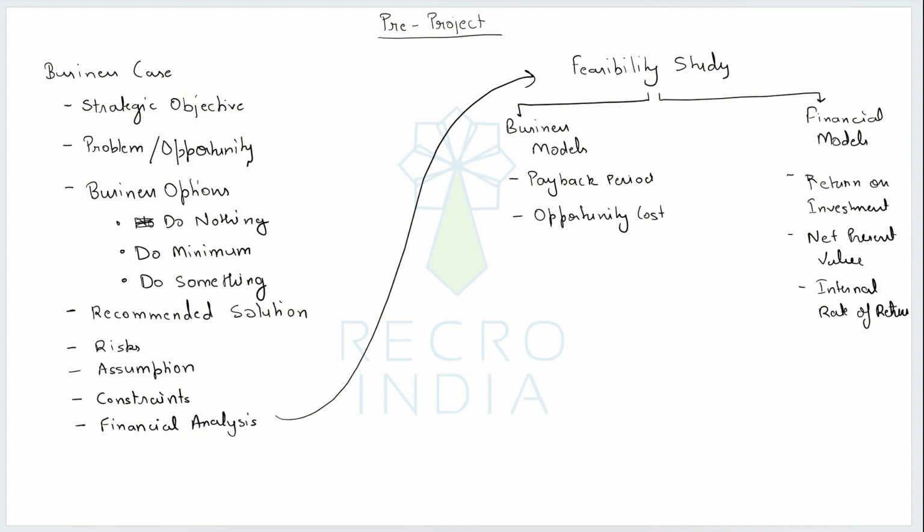So when it comes to payback period, it is simply speaking the amount of time you will need to recover your investments from this project. Let's say, for example, we have to invest $100,000 in the project, and we are expecting a return of maybe, let's say, 10,000 per month.